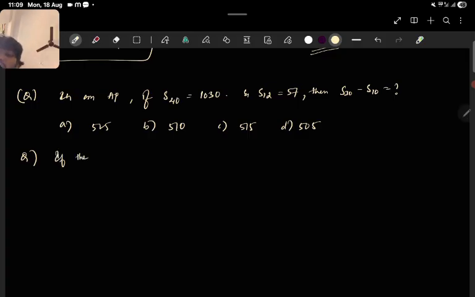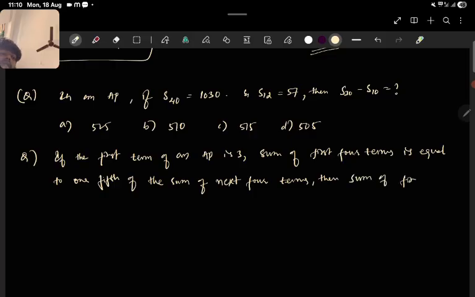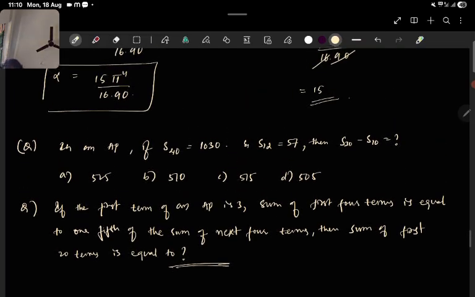If the first term of an AP is 3, the sum of the first four terms is equal to 1/5 of the sum of the next four terms, then the sum of the first 20 terms is equal to how much? These are the questions you have to solve. These are the two questions.